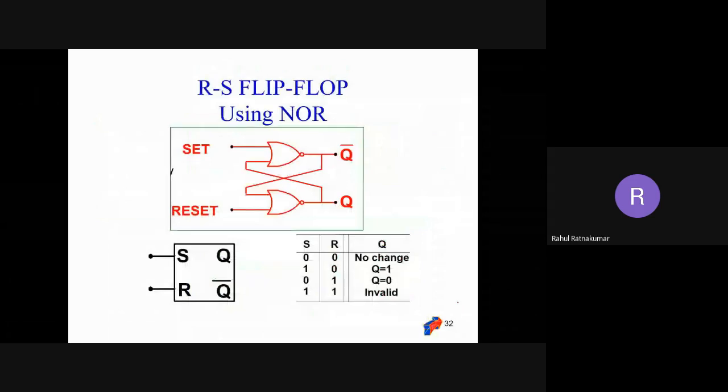We have set and reset, and based on whether the gate is NOR or NAND, we have different kinds of options. In a NOR gate, 1 1 is invalid, whereas in a NAND gate, 0 0 is invalid. In a NAND gate, 1 1 is no change, whereas in a NOR gate, 0 0 is no change. This is just basics to give some idea.